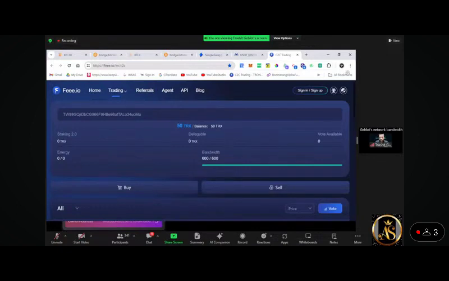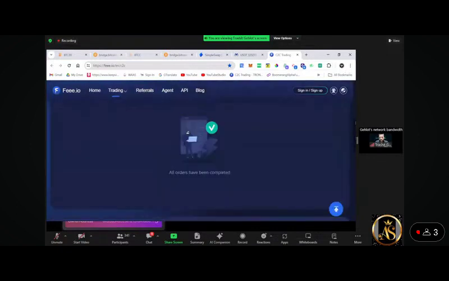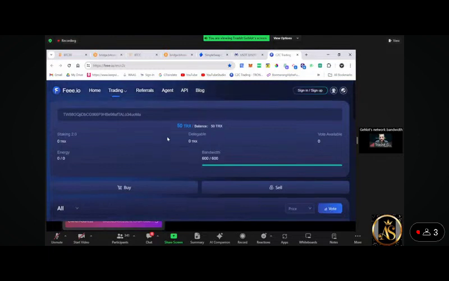Okay, so the wallet is connected. Practically, you can buy or borrow energy from here, and it will cost you much less.